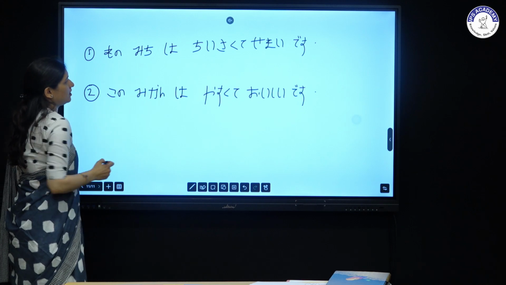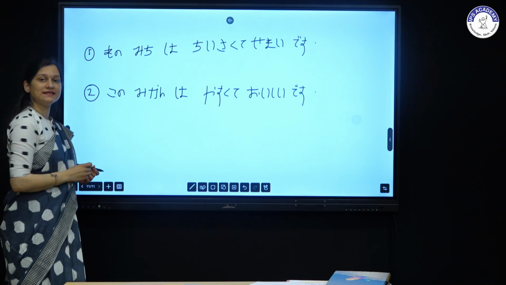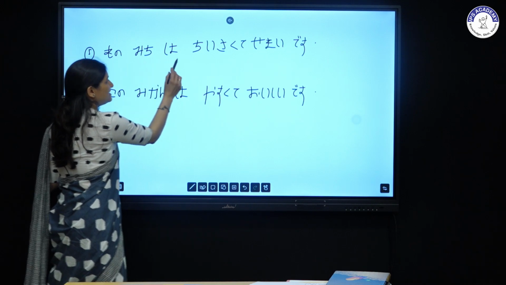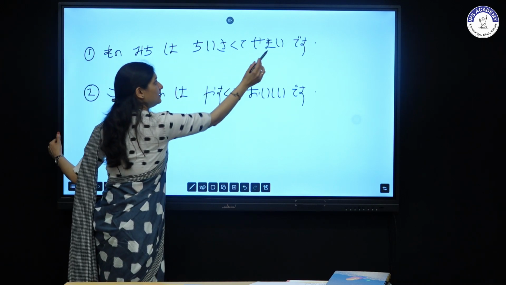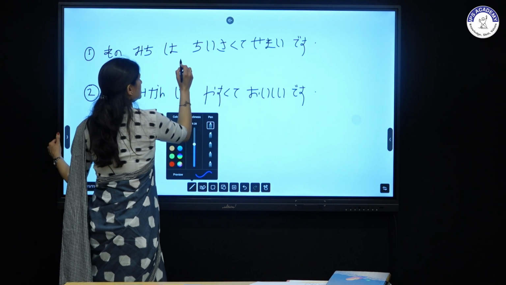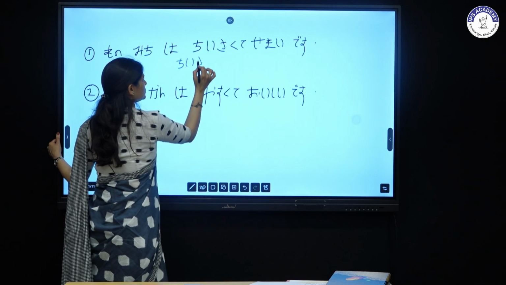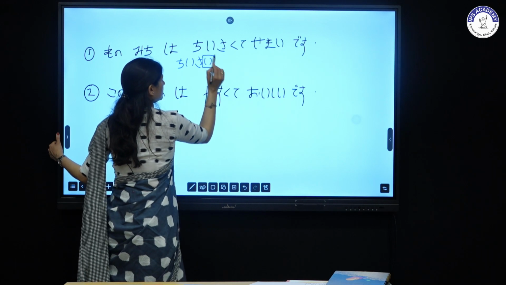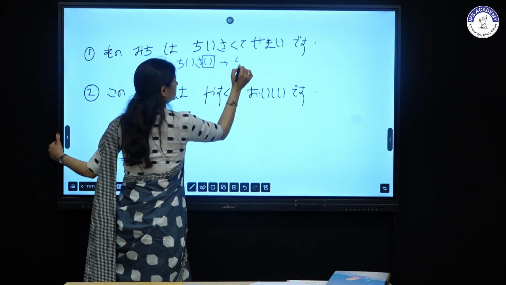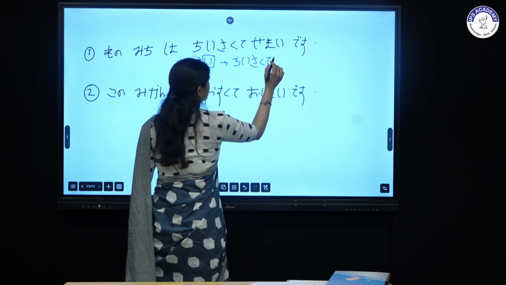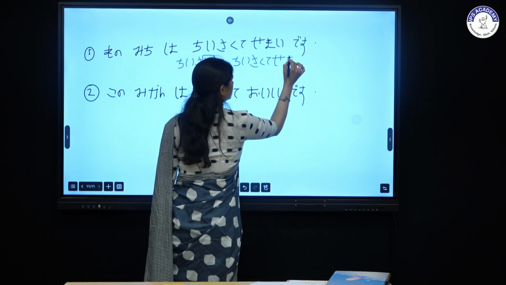Ano michi wa chisakute semai desu. That road is small and narrow. See, chiisai is the adjective. Replace e from chiisai with kute and write the second adjective, semai.